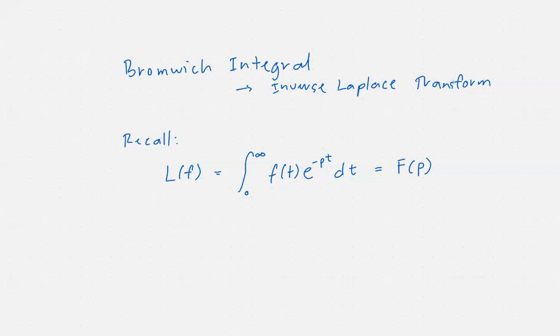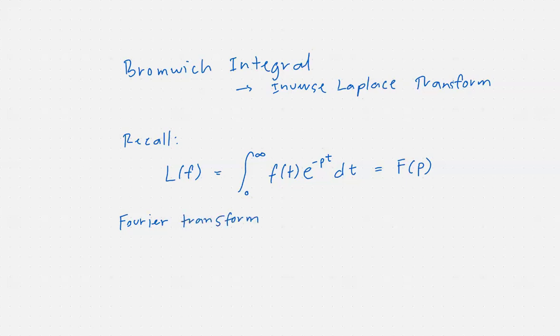Okay. Now, another thing that we need to recall is Fourier transform. Okay. There will be another discussion about Fourier transform in the last part of this course, but for now, we're going to need its definition.